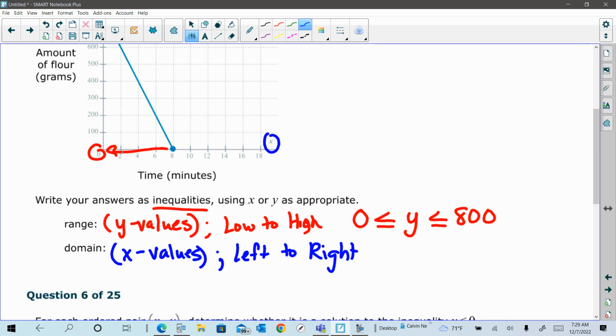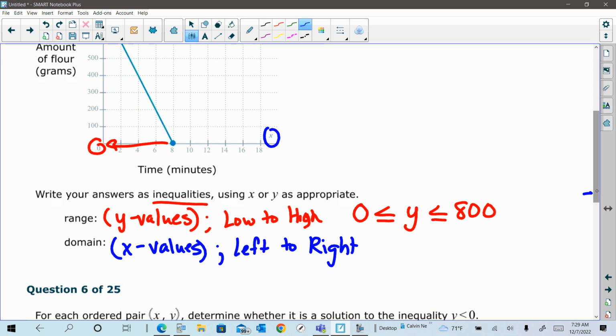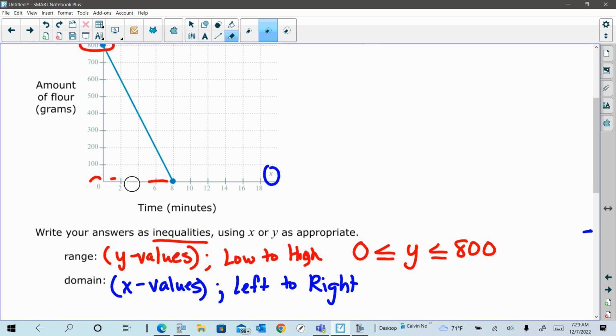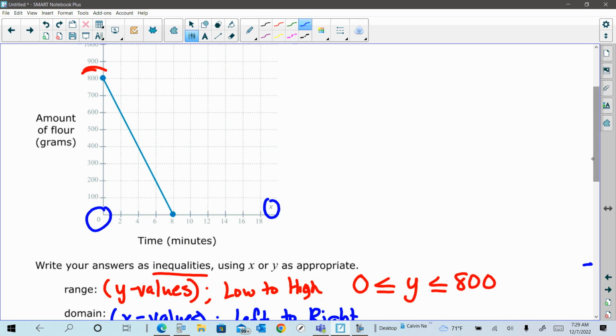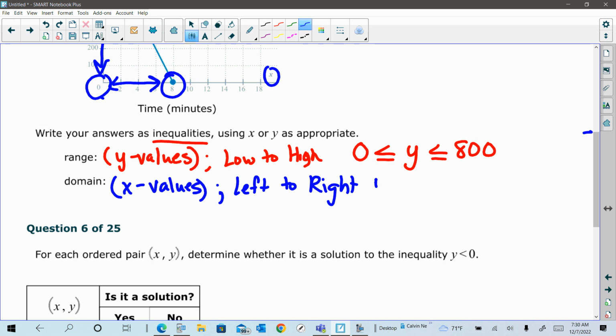So the left of the graph, if I go all the way to the left, it still starts right here, because even though it's at 800, I look down on the x-axis and it starts at 0. And then it stops right here at 8. I'm going left to right. So my domain here would be 0 is less than or equal to x is less than or equal to 8.